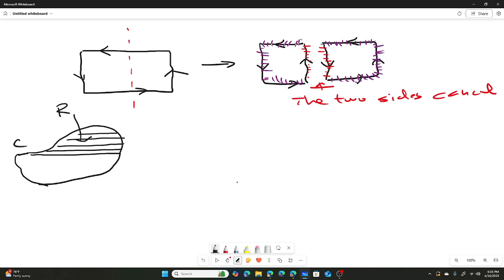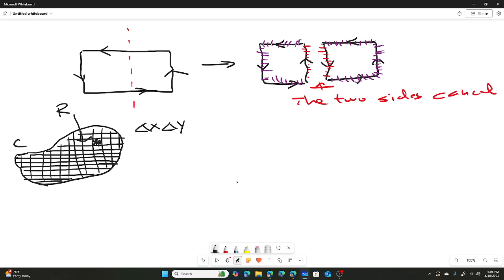And as the region R is defined by a simple closed curve C, suppose that R can be approximated by these rectangles, so basically these delta x and delta y's. We would like to calculate what is the circulation of this tiny little region here, right?